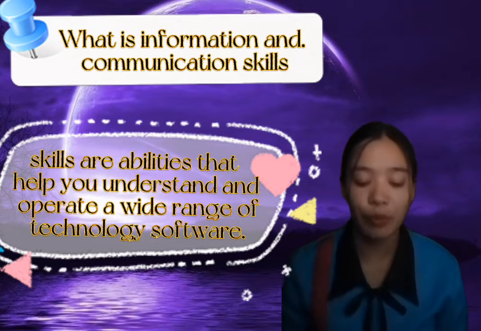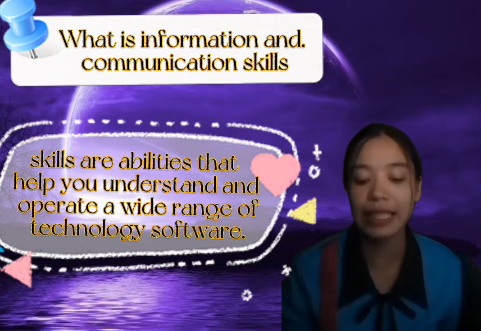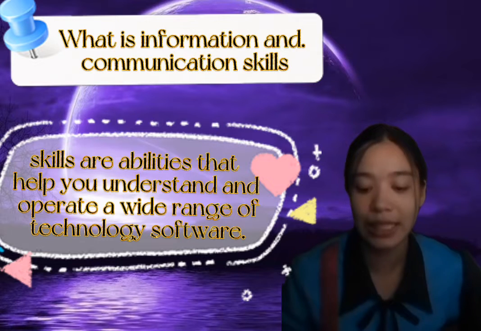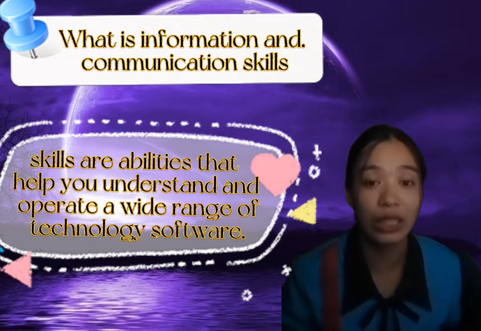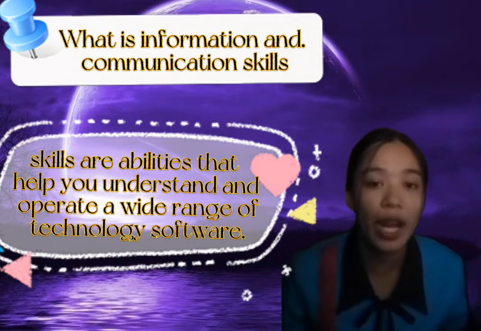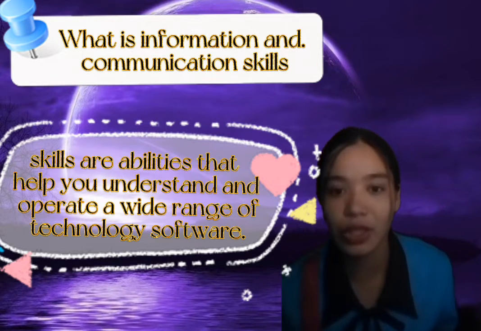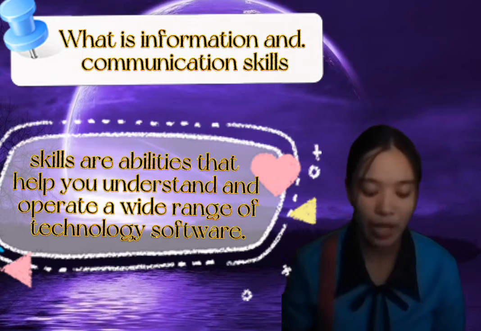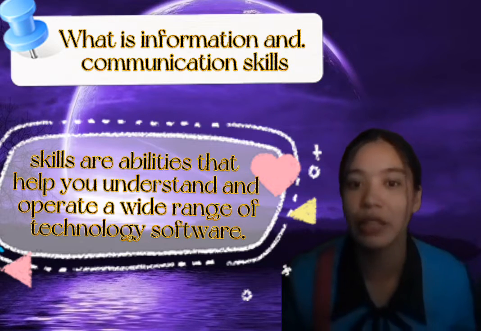So what are information and communication skills? ICT, or information and communication skills, are abilities that help you understand and operate a wide range of knowledge about technology software. It is where we understand technologies or technological software and are able to discover the wide range of technology.